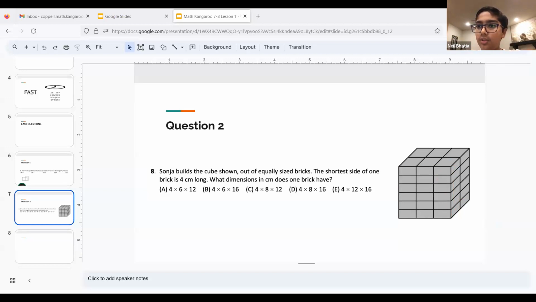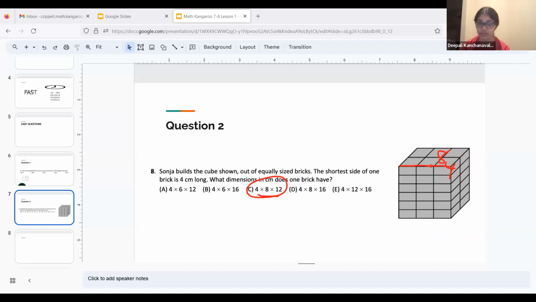That means that if there's 3 of these bricks here, 24 divided by 3 is 8. So we have 2 dimensions now, 4 and 8. And then there's the last dimension right here, which is also 24. But there's 2 bricks here, so you divide by 2. And 24 divided by 2 is 12. So the dimensions are 4 by 8 by 12, which is otherwise known as C.